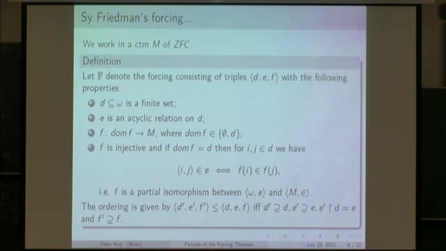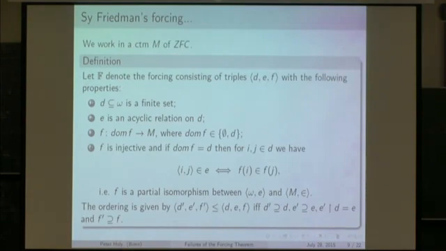Now the last point is the key point. f is supposed to be an injection, and if the domain of f is non-empty, then we want this relation E to reflect how the images of f behave under the epsilon relation in your model M. So E is just an isomorphic copy of the epsilon relation on the range of f.